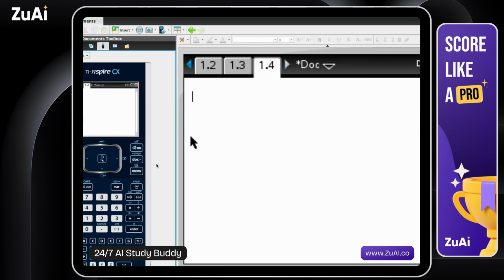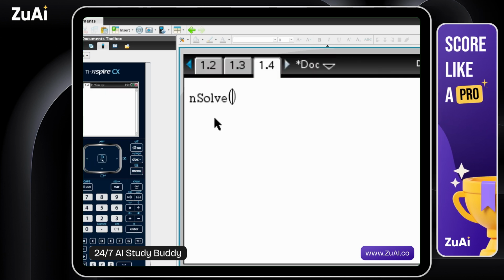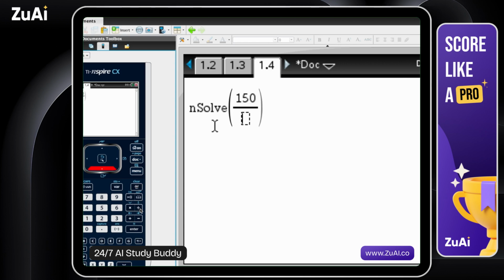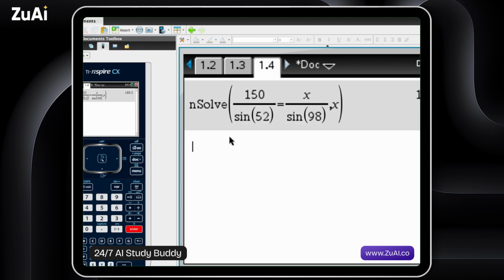Let's go ahead and numerical solve. 150 over sine 52 is equal to, let's set up another fraction. Let's call it x in this case, is equal to sine 98. Of course we called it z, but for the calculator let's just leave it at that.